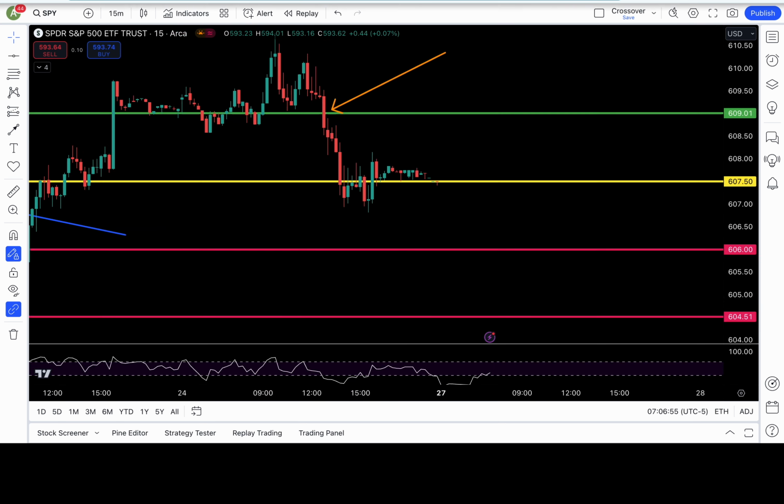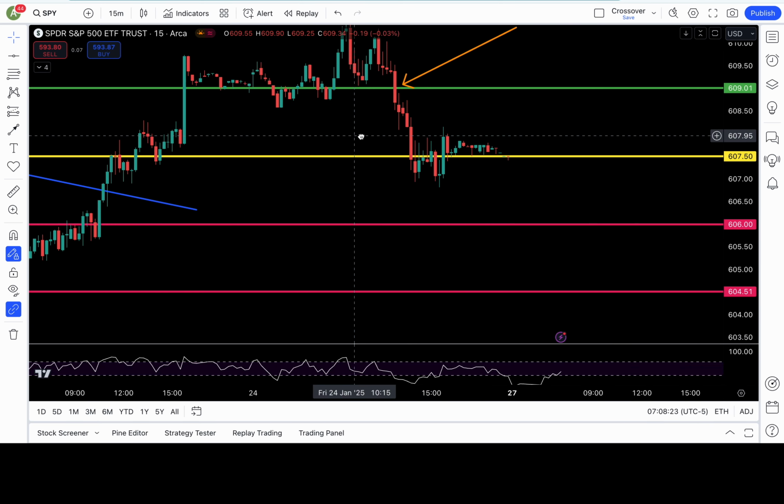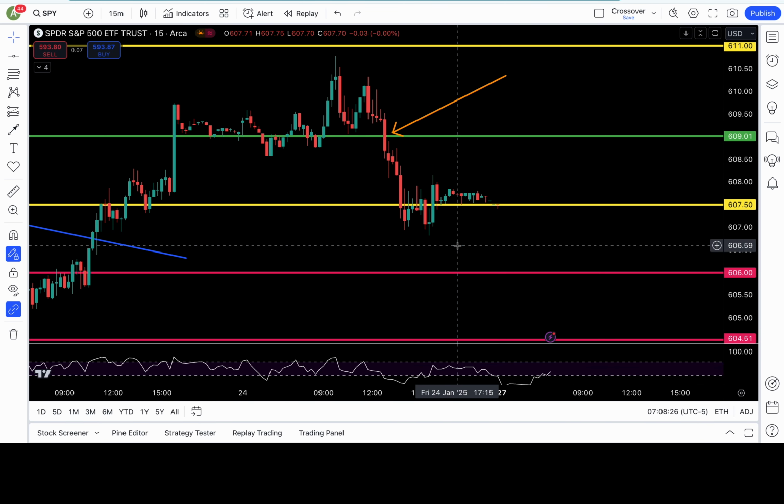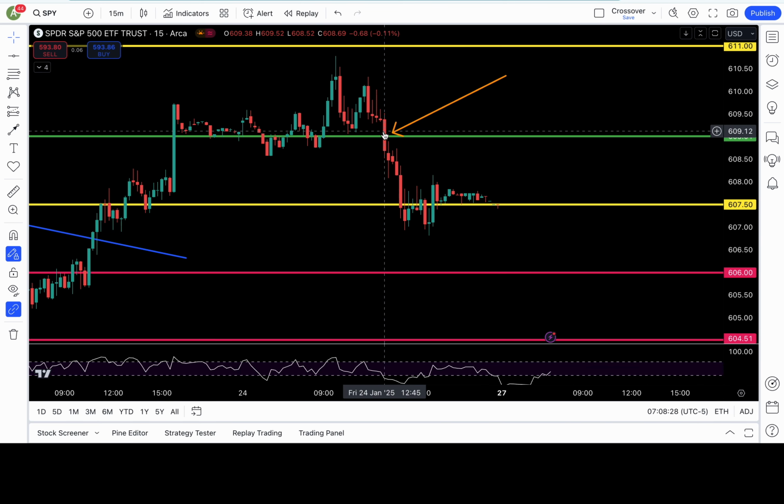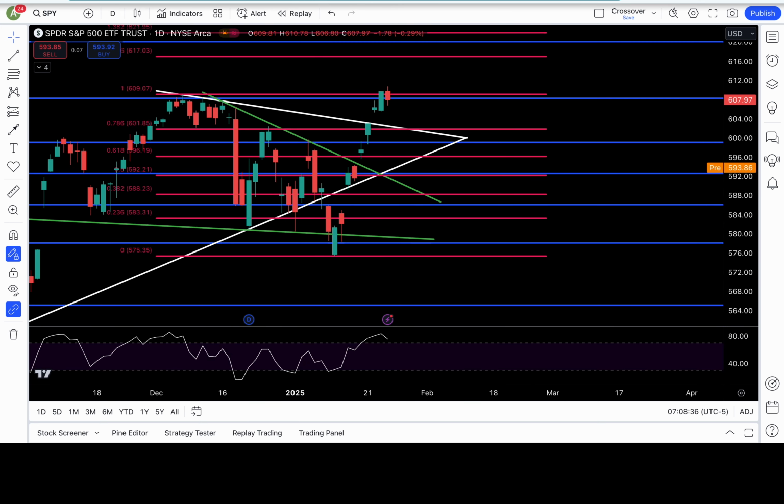Guys, remember how I show you how to use the levels. I identified the levels on the daily chart, and then I trade them using the 15 to 30 minute chart. This breakdown of 609 was incredible, and it led to a beautiful down move. So we're going to continue the same approach that we always do. Trade it sheep style, up or down, it doesn't matter. All right?